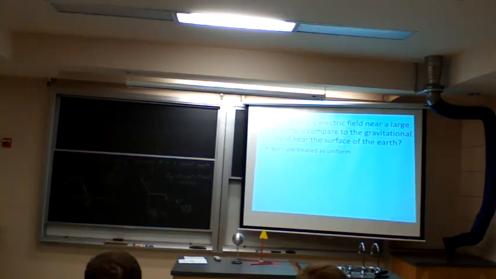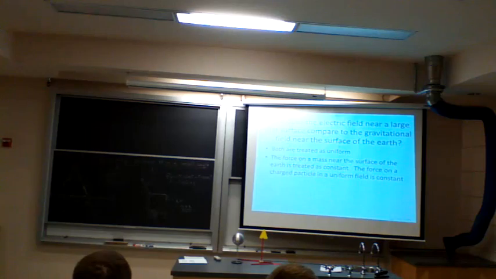So in both cases, we'll treat the fields as uniform. The force on a mass near the surface of the Earth is treated as constant. The force on a charged particle in a uniform field is treated as constant. The math's a lot easier this way. When you get to more advanced dynamics, you'll look at varying fields and what the motion looks like. But we don't want to deal with that yet. We will set up the problems just like this.